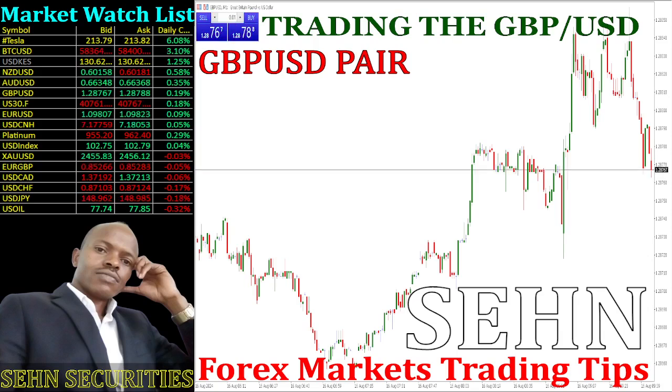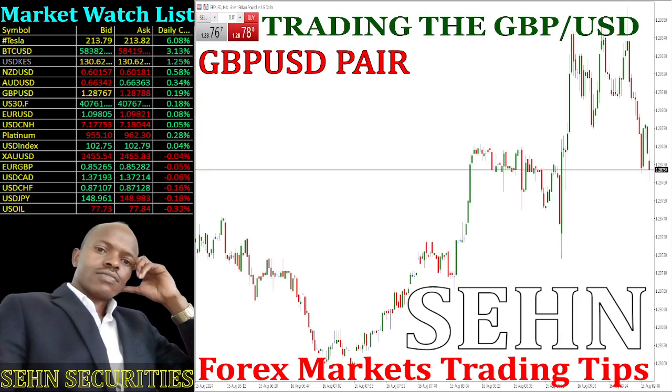There are numerous factors that influence the fluctuation of the pound-dollar exchange rate. One of the critical factors is the differential in interest rates set by the Bank of England and the Federal Reserve. Typically, higher interest rates in one country relative to another often attract foreign capital, leading to appreciation of that country's currency.